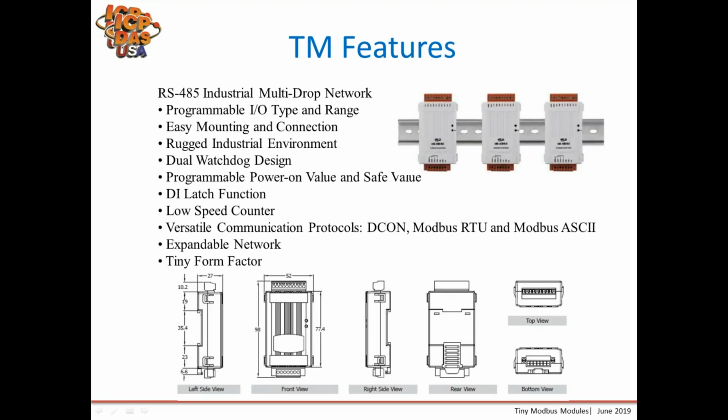Here are the common features for all the TM series, or most of them. They're RS-485 based, so they can be used in multi-drop networks. It's two-wire RS-485, so it follows the standard. It does provide a 5-volt bias voltage for the TM series. The I/O types are programmable, and the ranges are configured using our DCON utility.